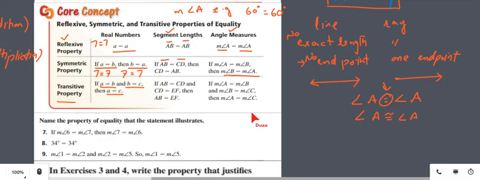Let me give you its example. Just now I'm writing 7 in three different forms.